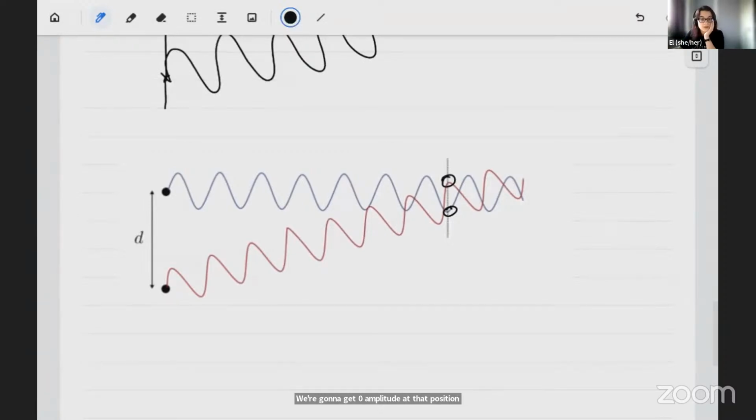Let me just check the chat and Q&A to check we're okay. Yeah, so frequency is a constant because it is determined by the speaker itself, and it isn't affected by the medium it's in. Sound waves travel faster through water and solids than in air, but electromagnetic waves travel faster in air than through water and solids.